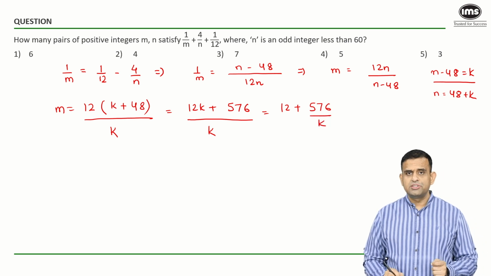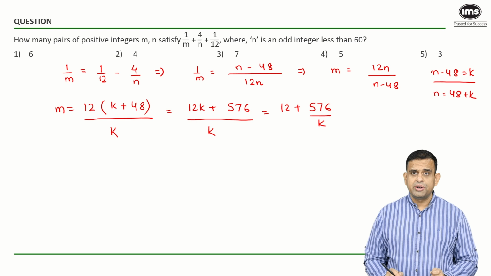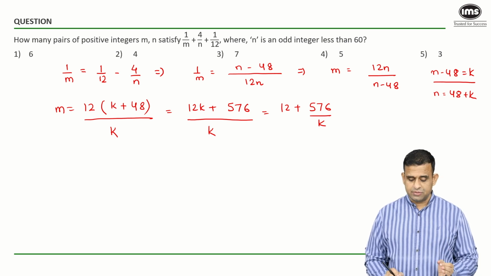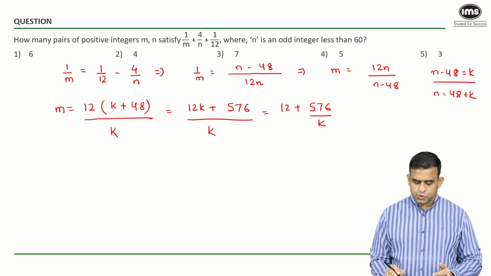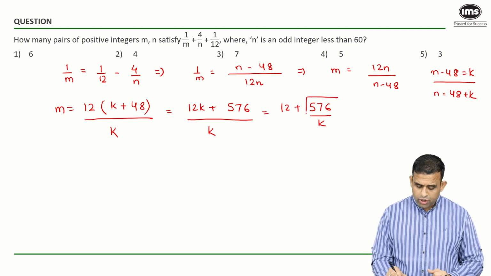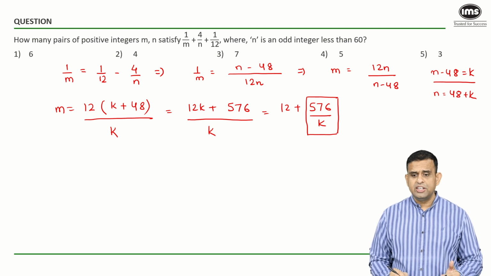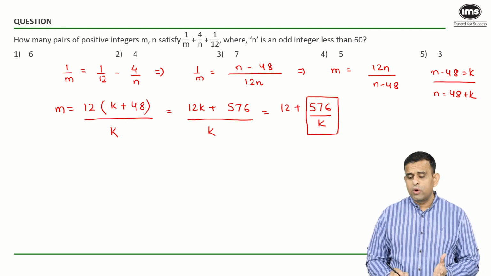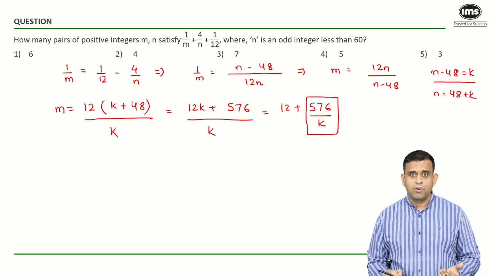Now please notice that m and n in this case are positive integers. Since m is equal to 12 plus 576 over k, if I want m to be a positive integer, the term 576 upon k needs to be a positive integer.